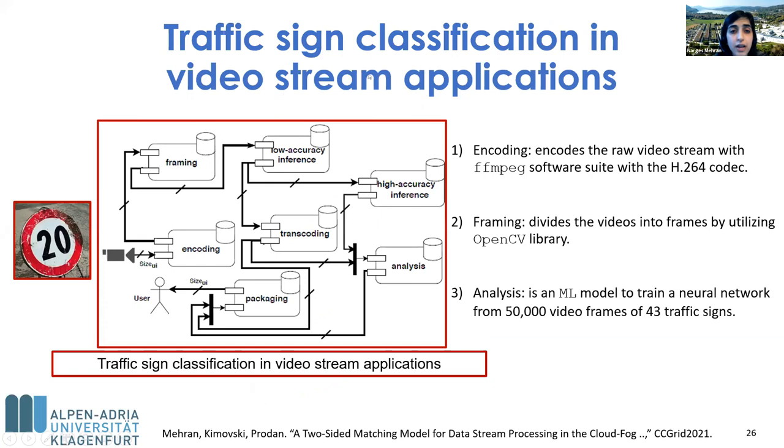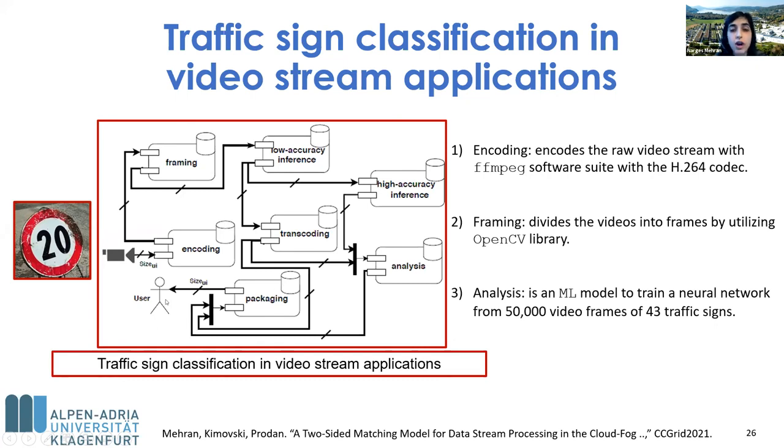This use case is related to video stream type applications, and it tries to get a specific video captured by cameras on the roadside, and then it will try to encode the video based on, for example, a software tool such as FFmpeg, and then we utilize OpenCV to put the video into different frames, and then we utilize ML and inference models to consider, for example, this traffic sign, what is the template of the traffic signs, and then also for transcoding and packaging, we utilize the FFmpeg software framework.